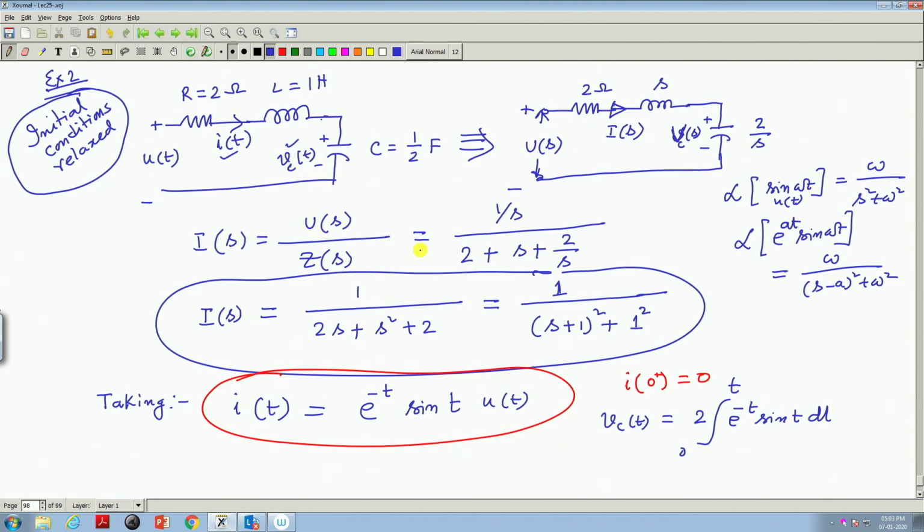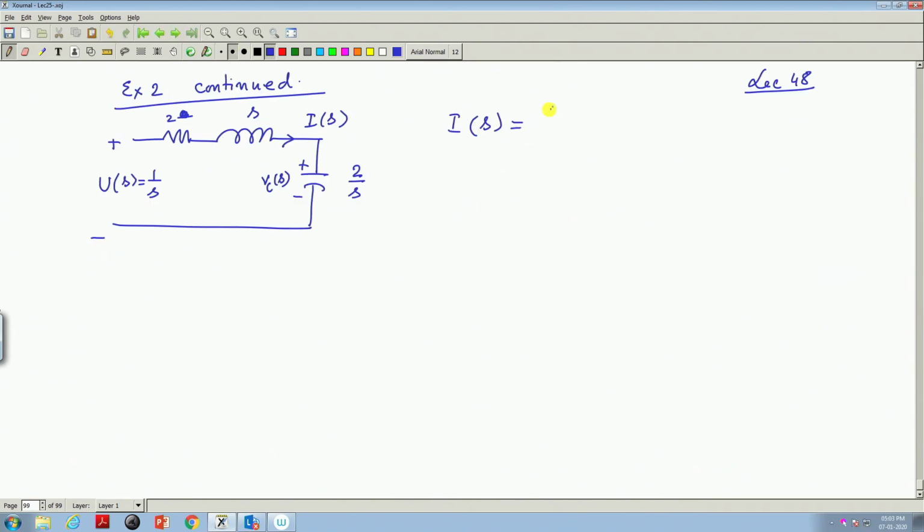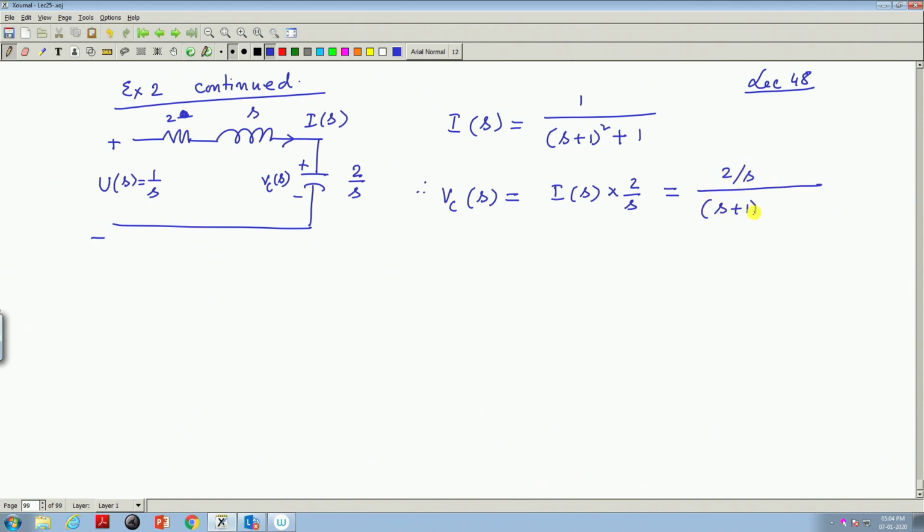I(s) was this one: 1 by (s plus 1) whole square plus 1 square. So, I(s) was 1 over (s plus 1) whole square plus 1. This was I(s). Therefore, V_C(s) will be equal to I(s) into 2 by s, that is 1 by Cs, and this will then become 2 by s into (s plus 1) whole square plus 1.